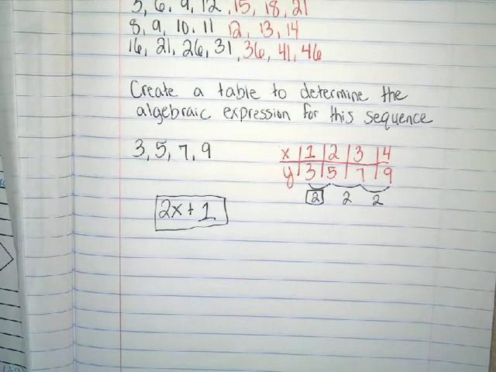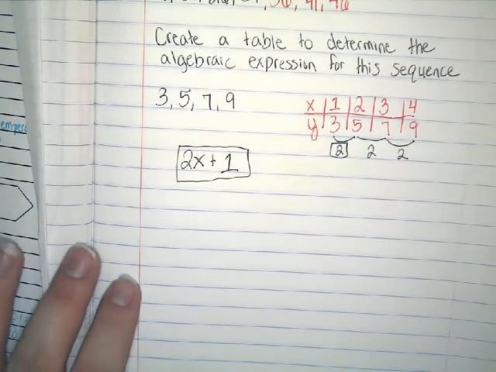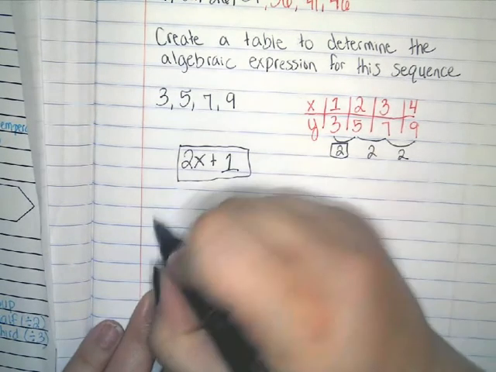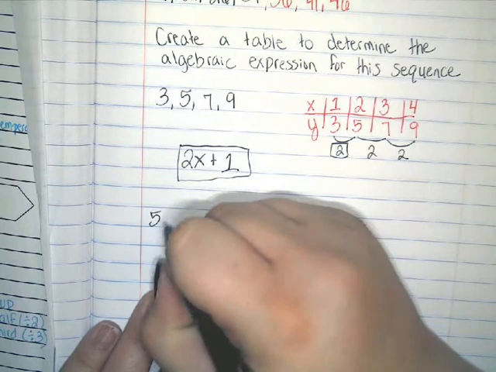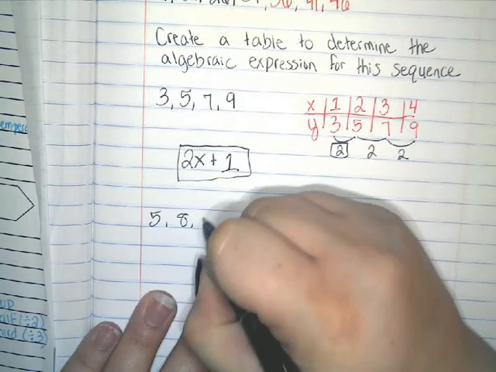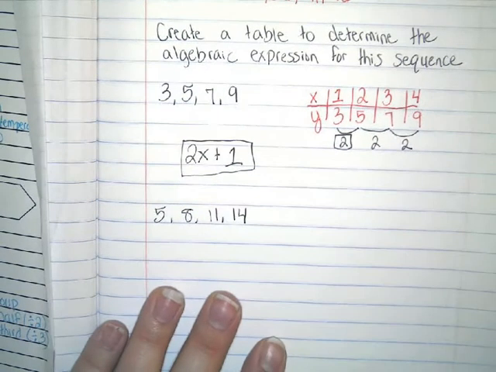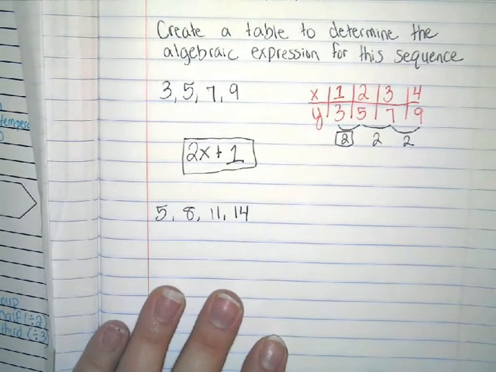Let's try another one. They're like a function table, yeah. Let's try 5, 8, 11, 14. So what do I have to start with?